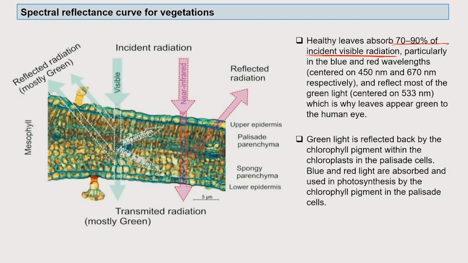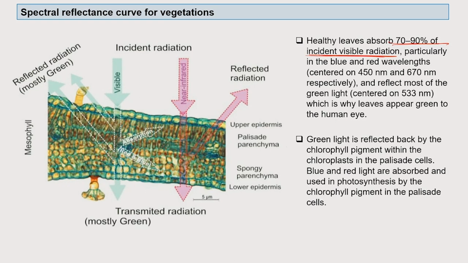So that means leaving all the colors which are getting absorbed, the green color is actually getting reflected most, and that's why our sensor, which is the eye, is able to sense the green, and that's why we see that plant leaves are green.